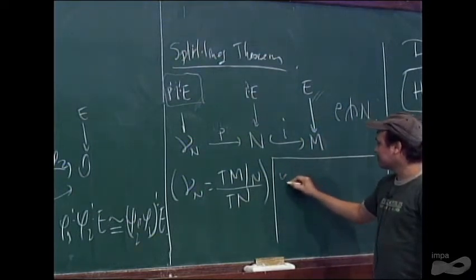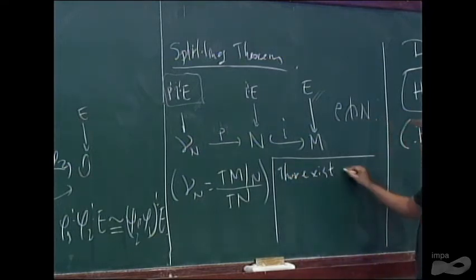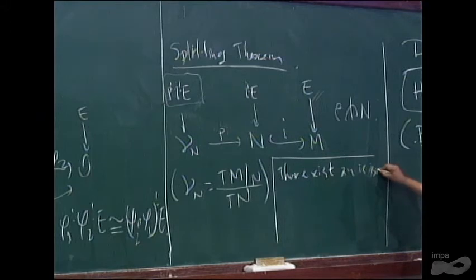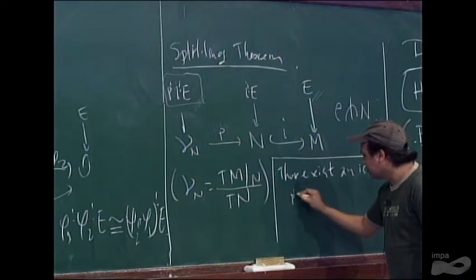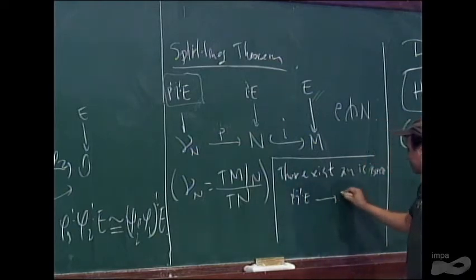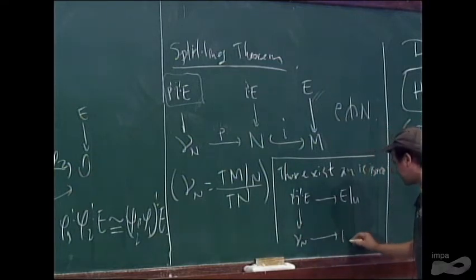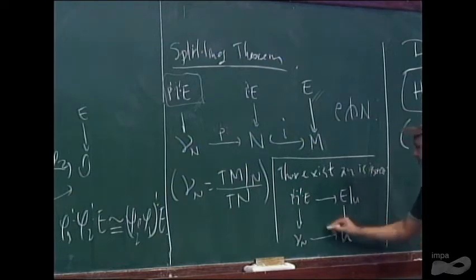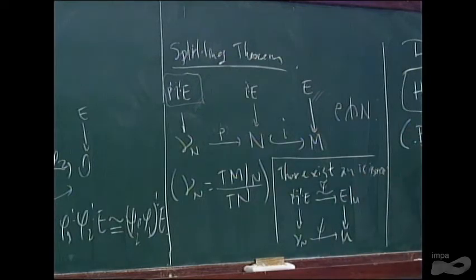We say that there exists a Lie algebroid isomorphism, that I'm not talking about, between this local model and the restriction of this Lie algebroid here. So this is an isomorphism that preserves the bracket, basically, between bundles. And this thing here is just a tubular neighborhood embedding inside the open set.